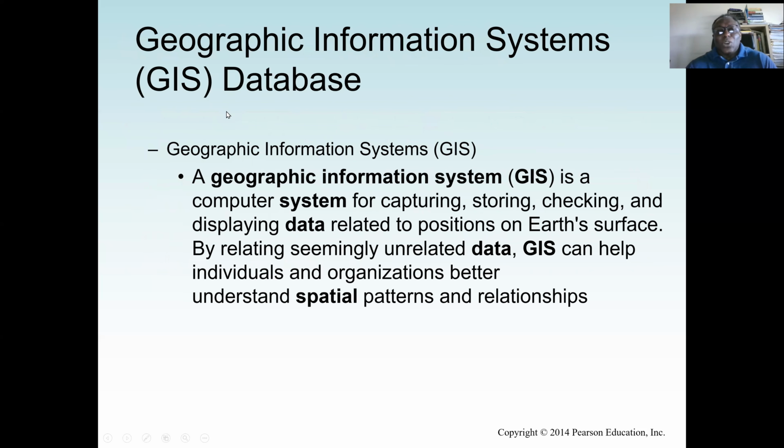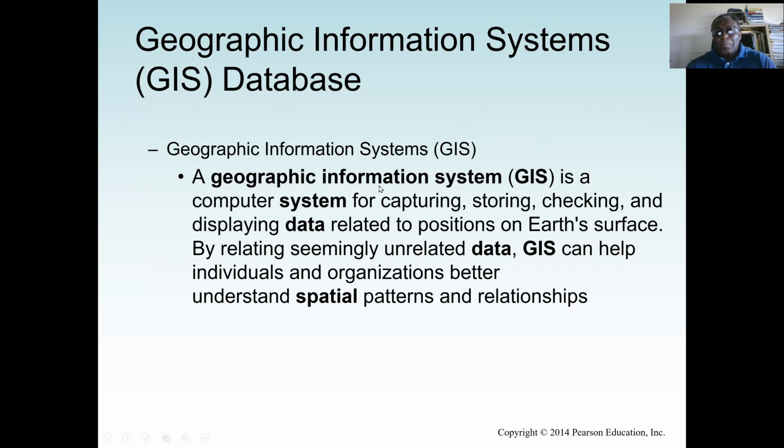We also have the geographic information system database. And a geographic information system, again, is a computer system that captures, stores, checks, and also displays data that are related to positions on Earth's surface. So these are geographical information systems.